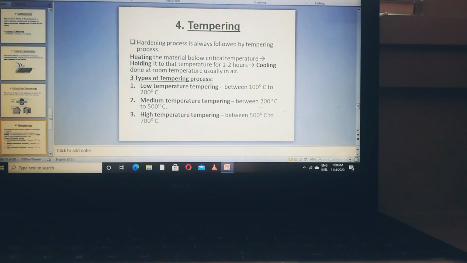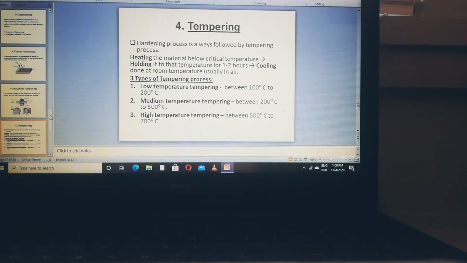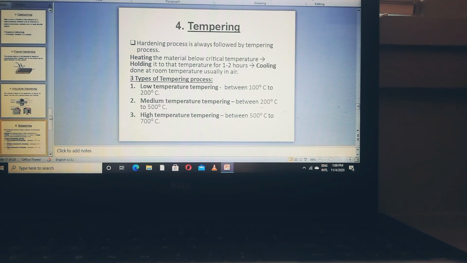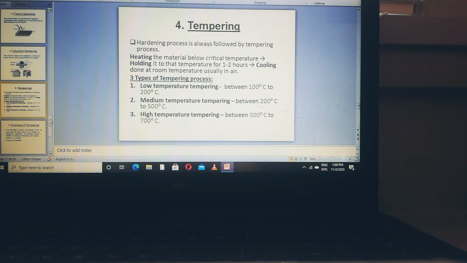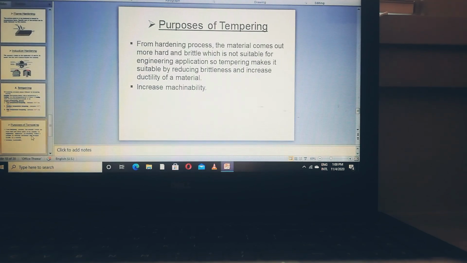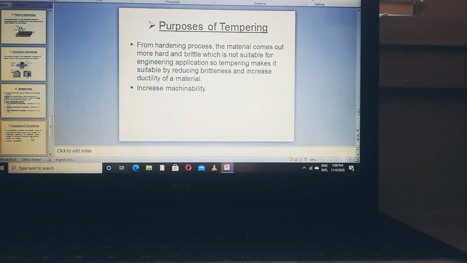The tempering process follows the hardening process. After hardening the material, we then temper it. Now we're going to look at why we temper the material.